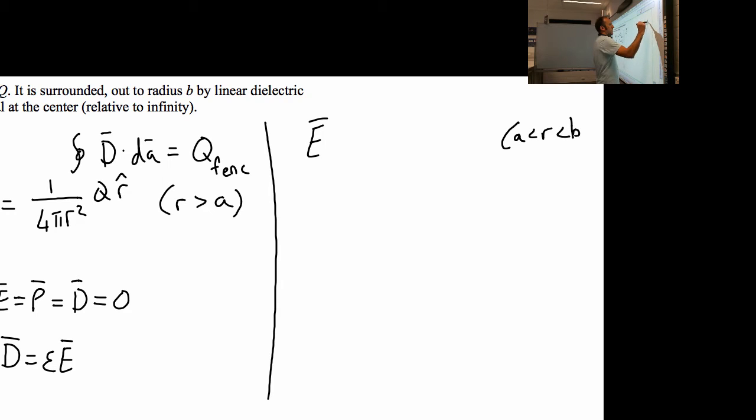Okay, so what this means is we can now determine what our electric field is, and we're going to do it in two regions. So first of all, we're going to write out the electric field for the region between A and B. Okay, and what this is going to be given by is 1 over 4 pi epsilon r squared.